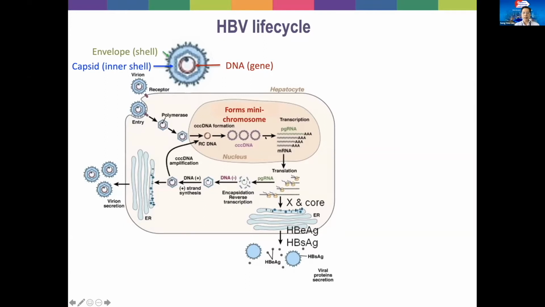And this gets converted into RNA, the messenger, as I told you about, the pregenomic RNA, and this gets translated into proteins. So the proteins are made by the virus, such as the X, the core, the E antigen, S antigen. And then it also starts to form the core particles here.